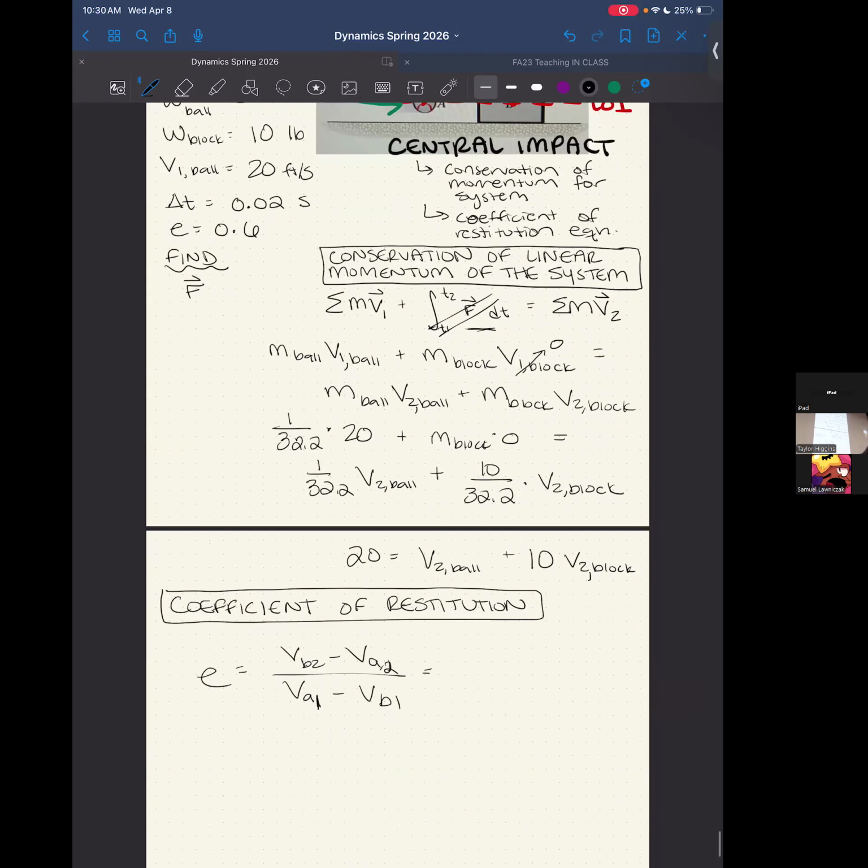Okay, so this should be V ball 2 minus V block 2 over V block 1 minus V ball 1.